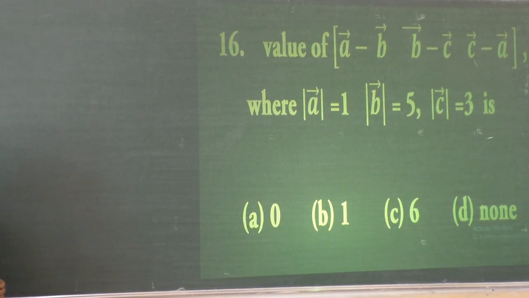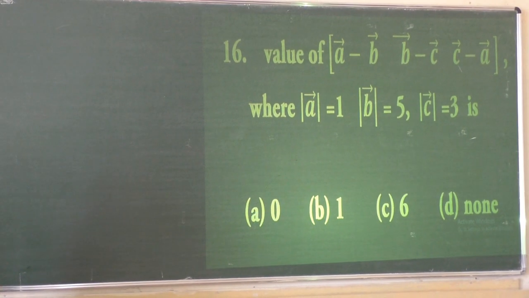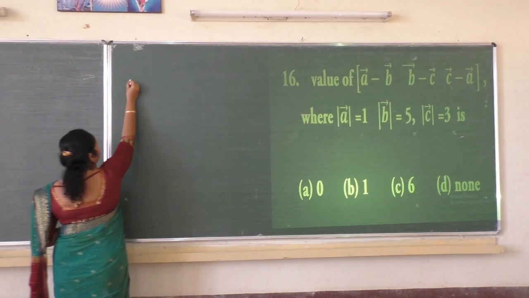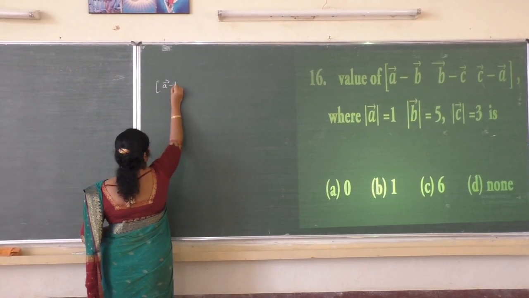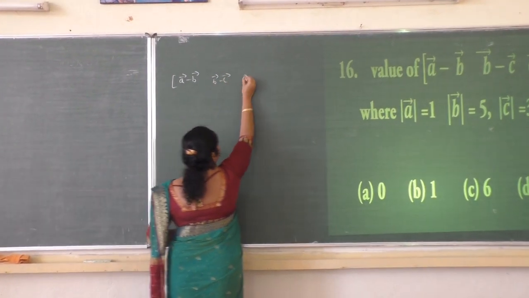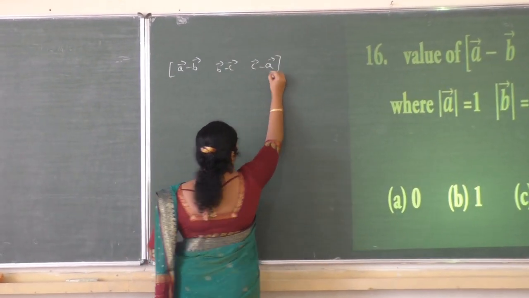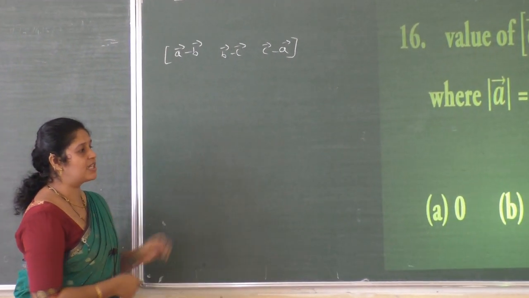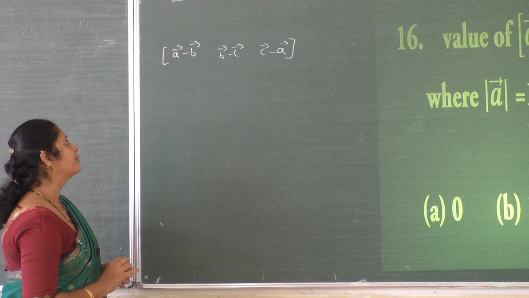You can calculate that already, it is given in the textbook, that is 2 times the box product of vector A, vector B, vector C. Now this box product of vector A minus vector B, vector B minus vector C, vector C minus vector A is a number. Options are given: 0, 1, 6, none.